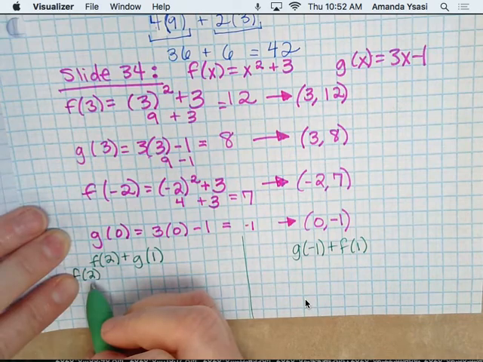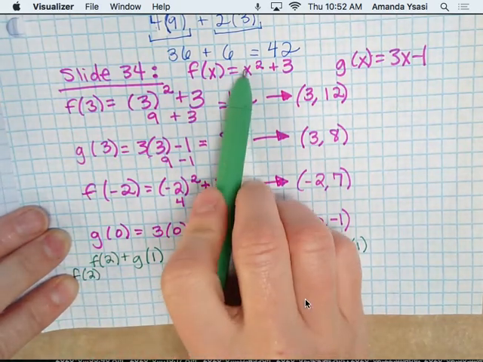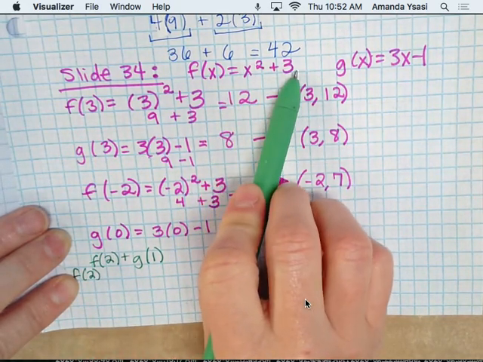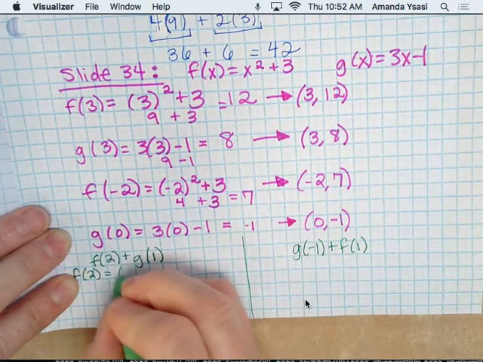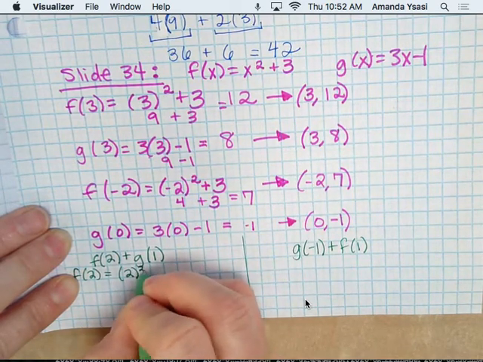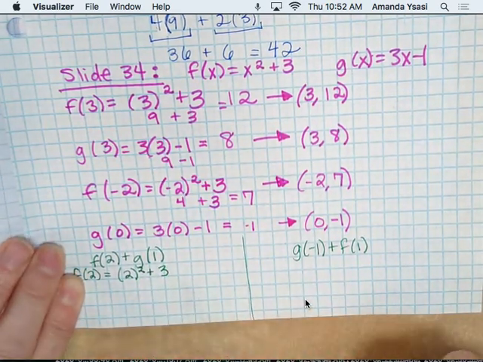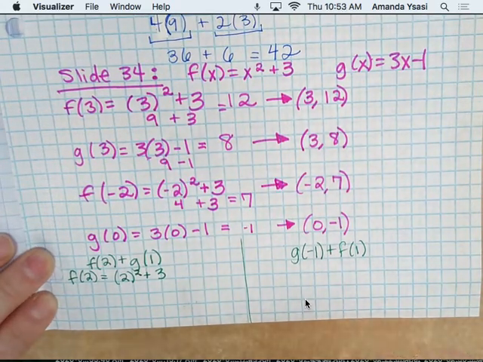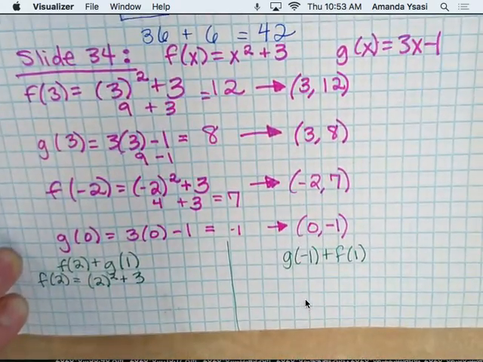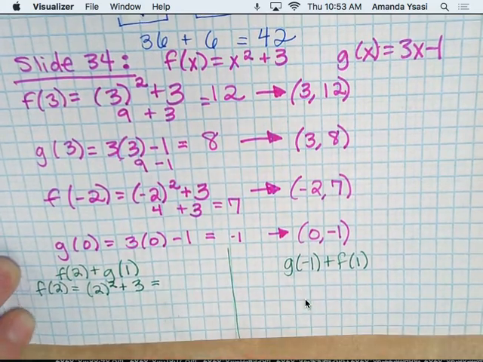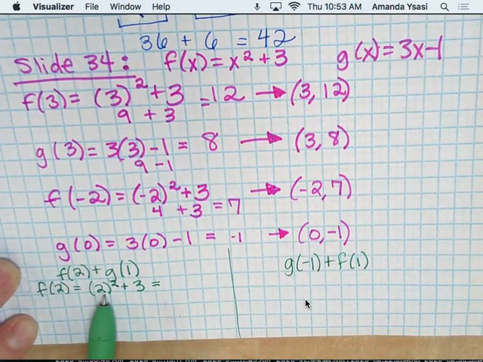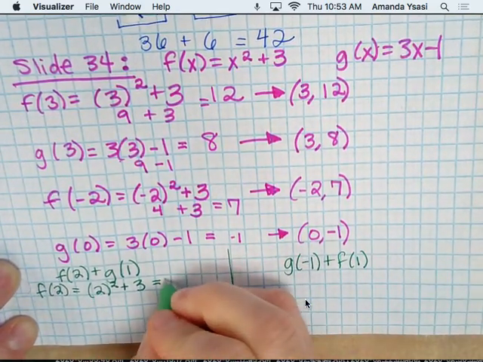So f of 2, let's see, x squared plus 3. So it would be 2 squared plus 3. So we got to do 2 squared is 4. 4 plus 3, 7.